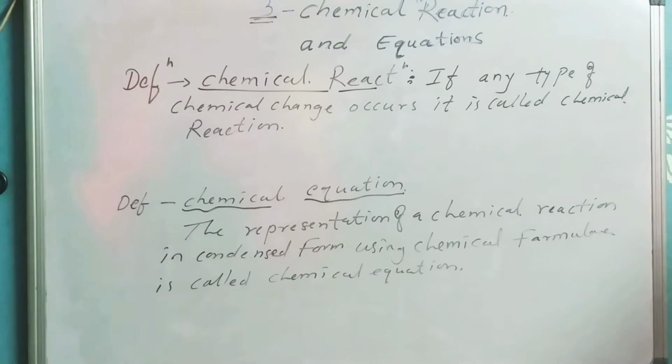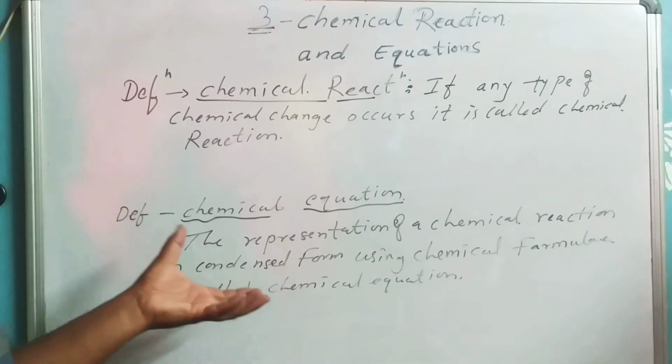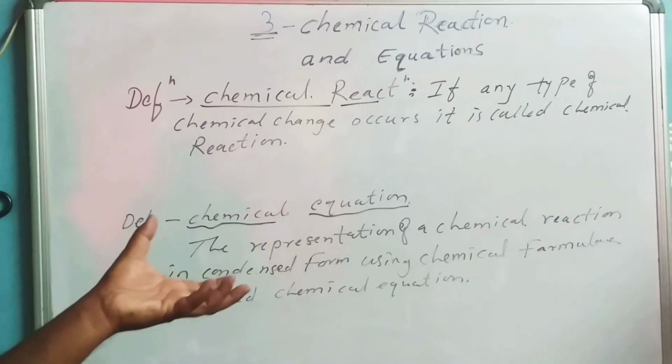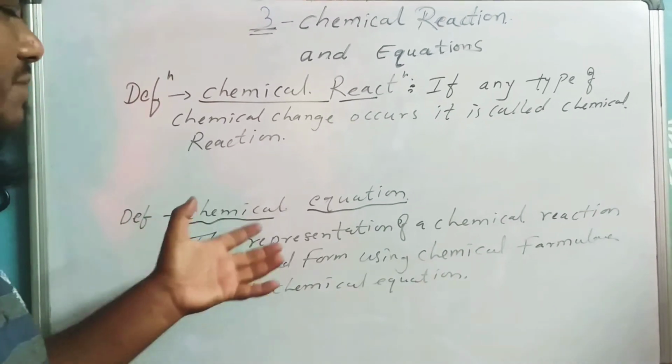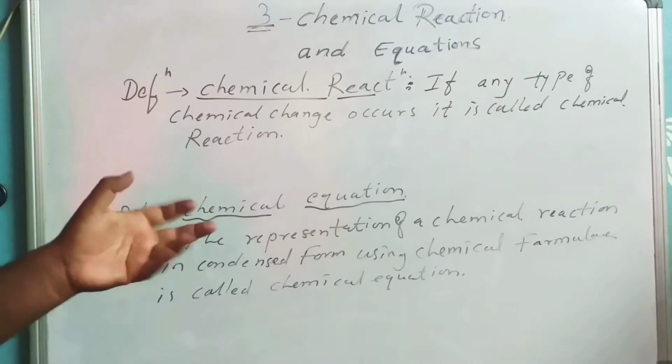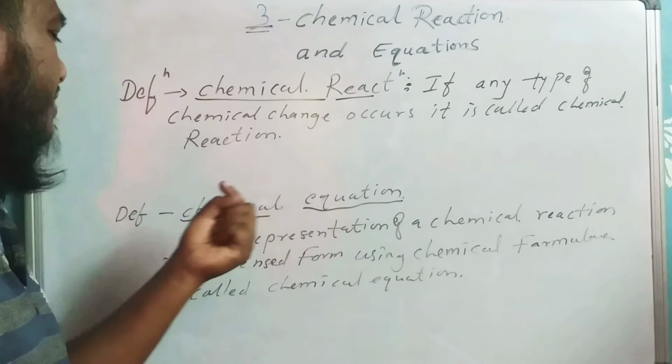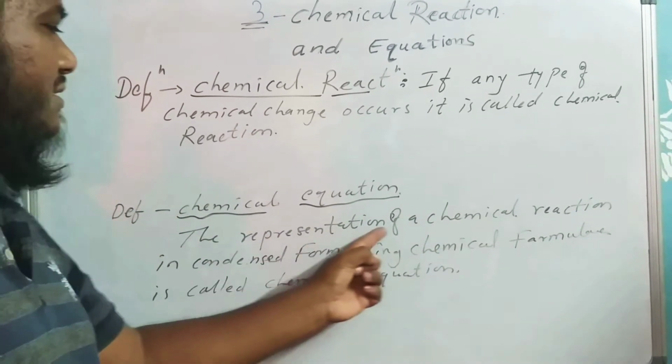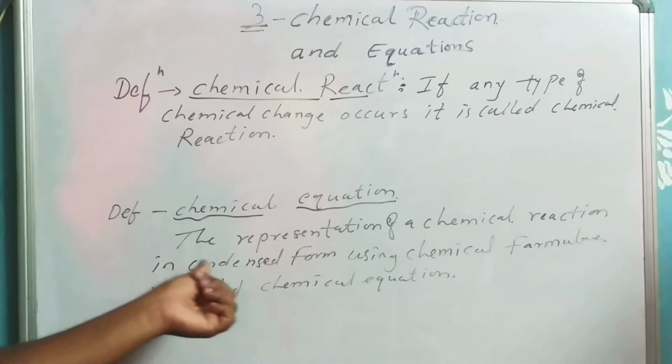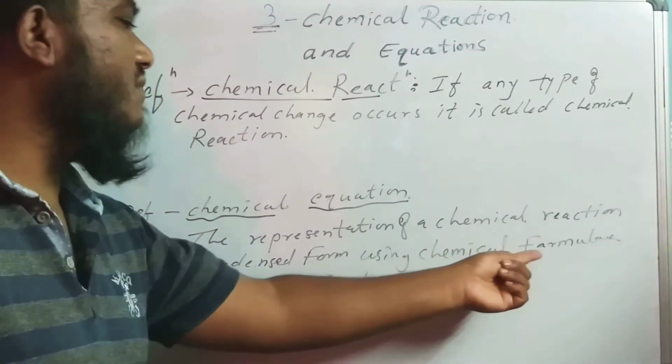A chemical reaction can be written using symbols which are used in chemistry to represent particular chemicals or elements. A chemical equation is defined as the representation of a chemical reaction in condensed form using chemical formulas.